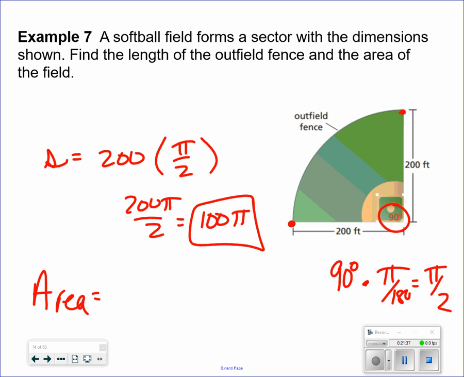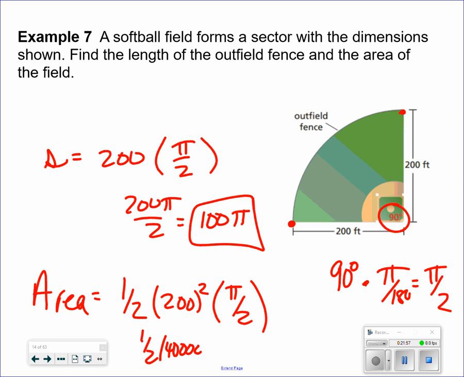Area is half. So that formula, remember going back to the formula, half radius squared times angle measure. So now 200 squared is 40,000. Half of 40,000 times pi over 2.